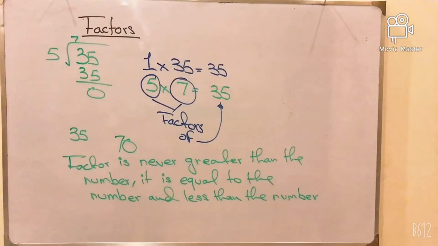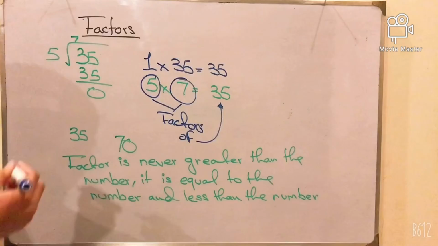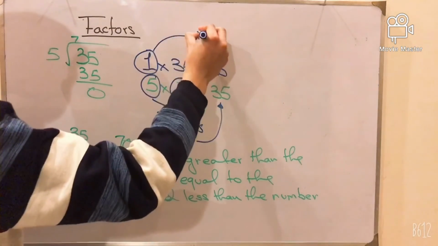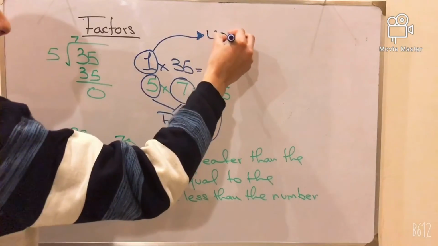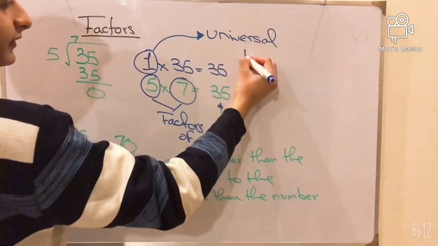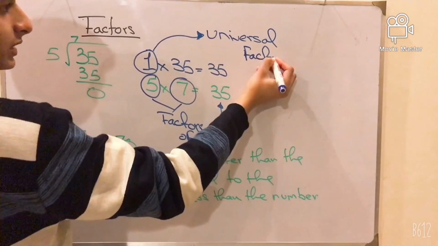And one thing that you should also note is that 1 is the universal factor. I hope you understood.